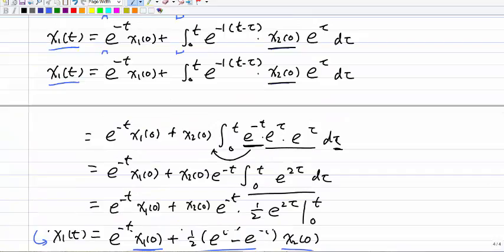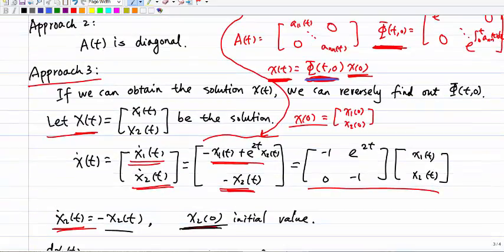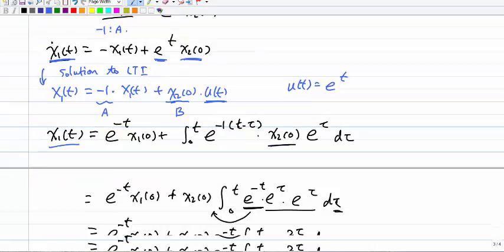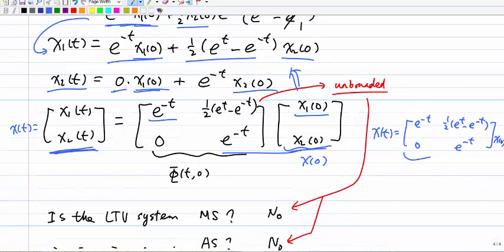So if we compare this one with what I mentioned over here, yes, we indeed can write this x(t) in this form. So this one will be my phi(t, 0).